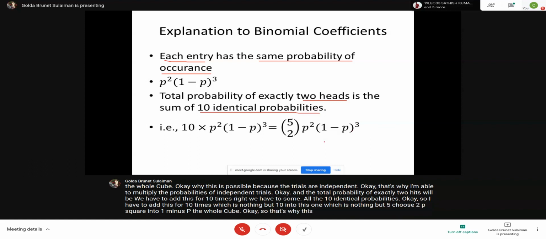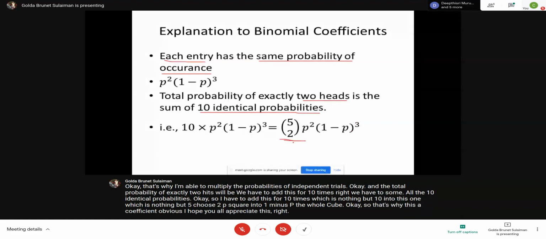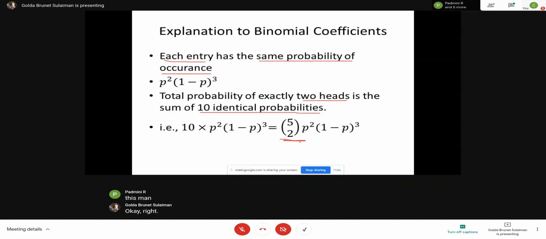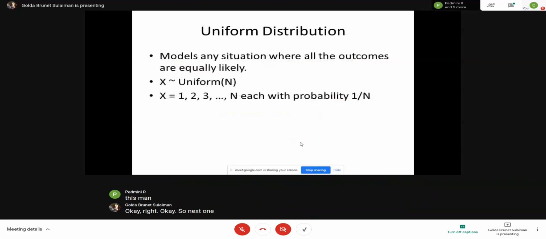That's why this coefficient appears. I hope you appreciate this. Is this clear? Yes, ma'am.